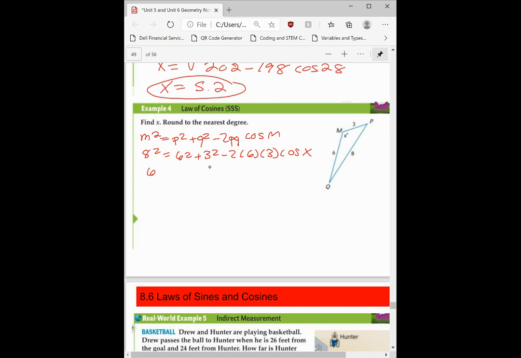So then I have 64 is equal to 45 minus 36 cosine x. And now I'm trying to get cosine x by itself. So I'm going to subtract 45 and then divide by negative 36. So I have cosine x is equal to 19 over negative 36. Then I take the arc cosine of 19 over negative 36, and I get 122, which is my x value.